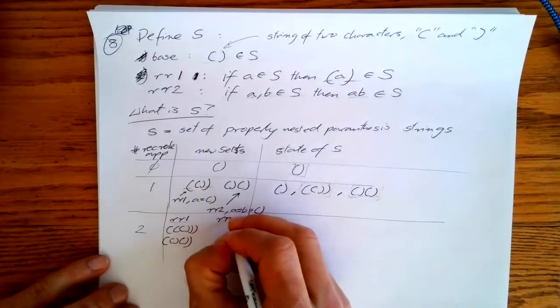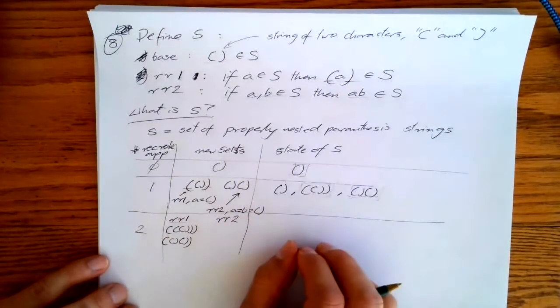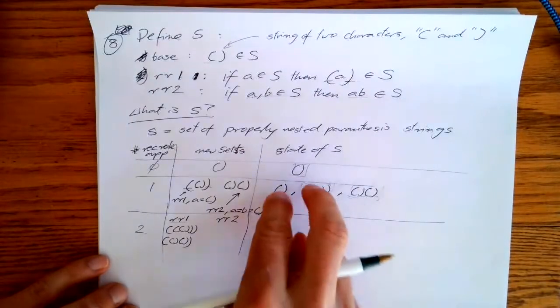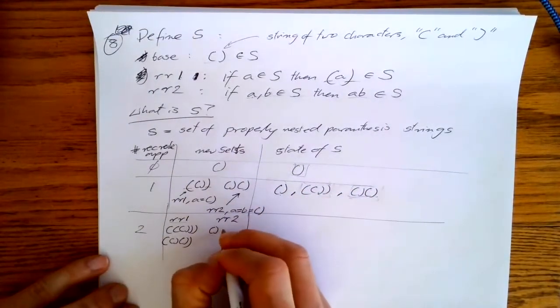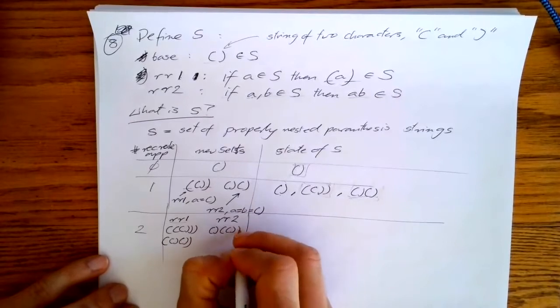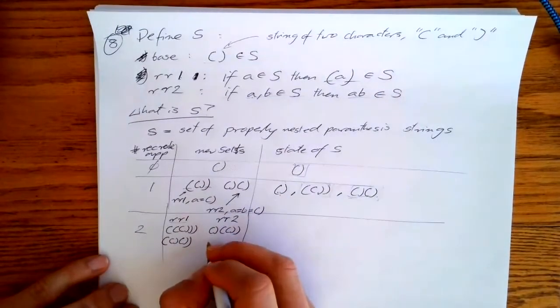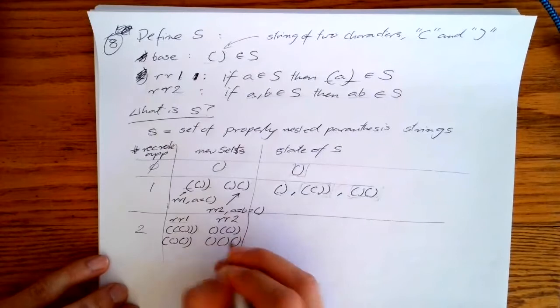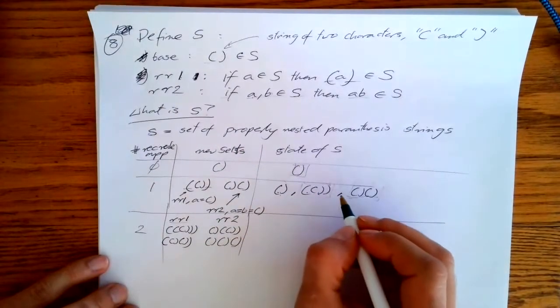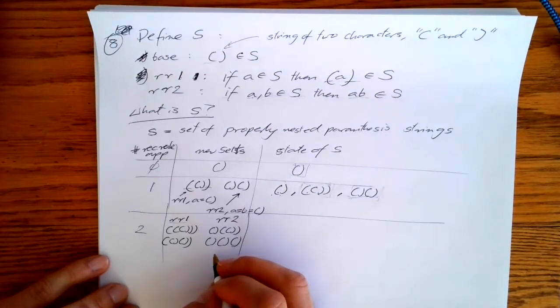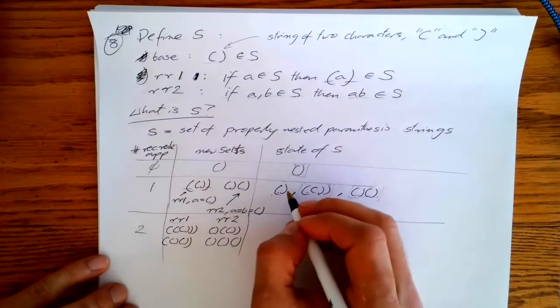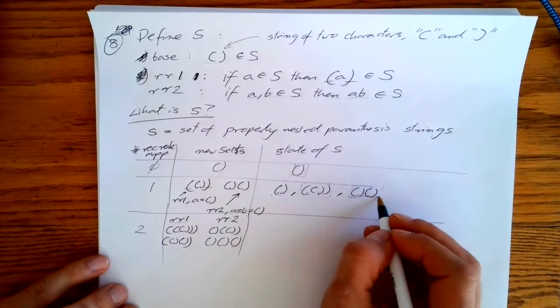What about rule 2? Well, these are just concatenations of stuff. So let's concatenate everything with everything. This with that gives me this string. This with that gives me this thing. This with itself gives me only this.